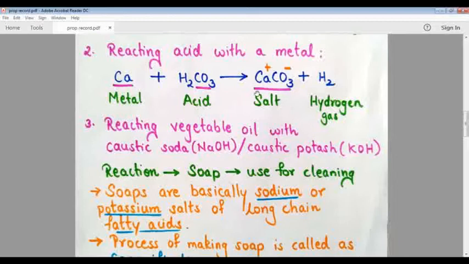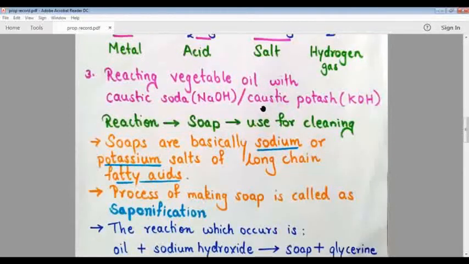The name of the salt is calcium carbonate, which contains the positive part as calcium and the negative part as the carbonate radical. Clear with this?